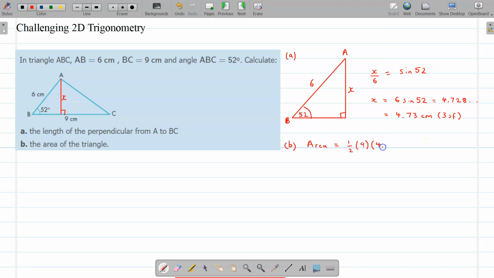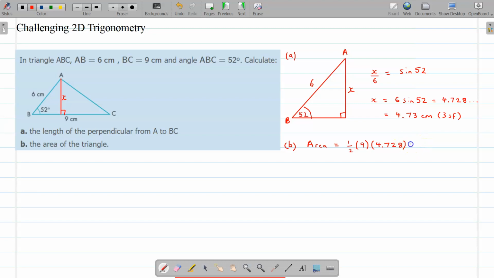4.73, but I'm going to use at least one significant figure more than that, because when we want an accurate answer, we must work to more degrees of accuracy than the final answer.